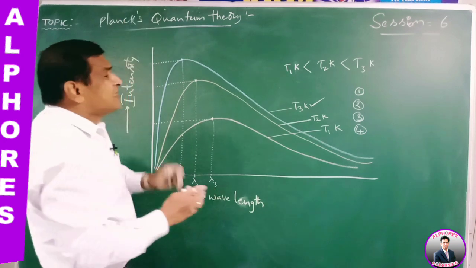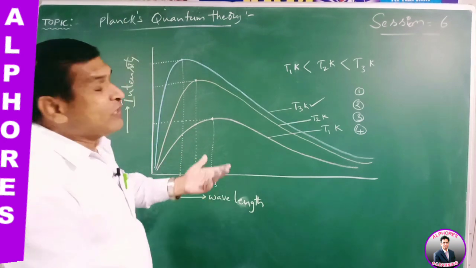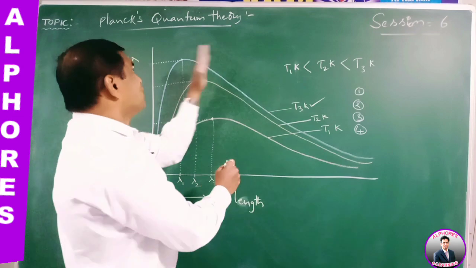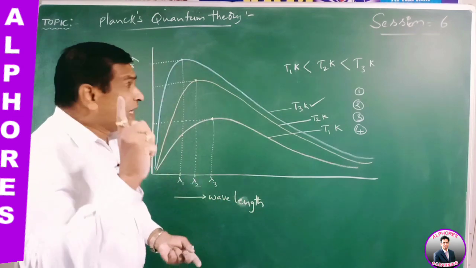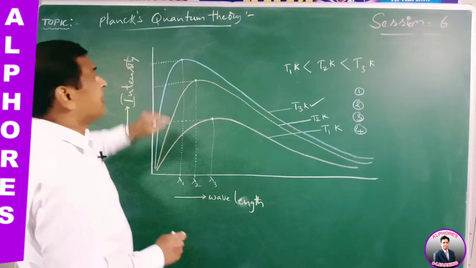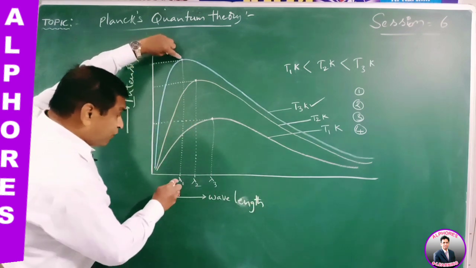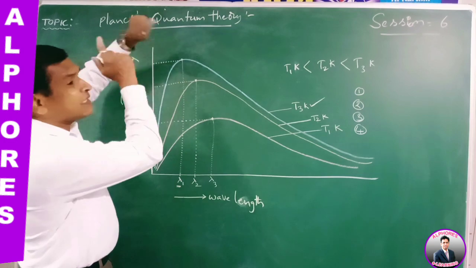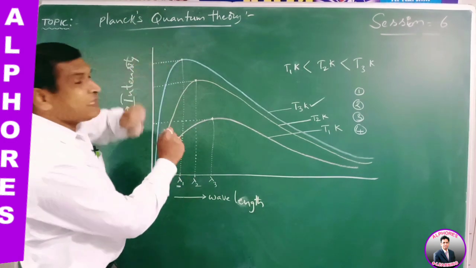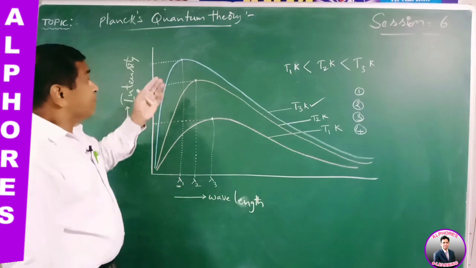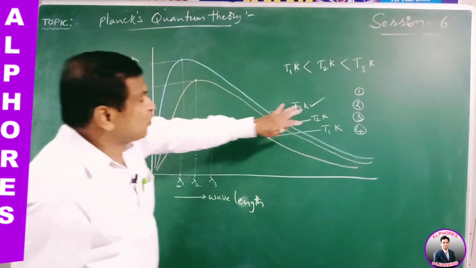So as the temperature increases, the height of the curve increases and shifts towards the left hand side, indicating that intensity of shorter wavelength increases. That is the important point, all these four conclusions.